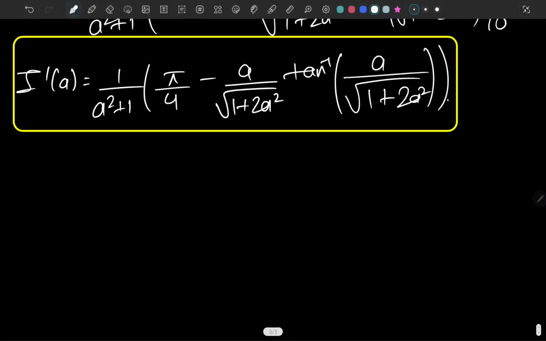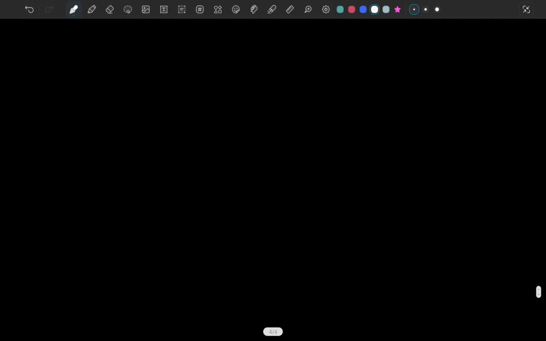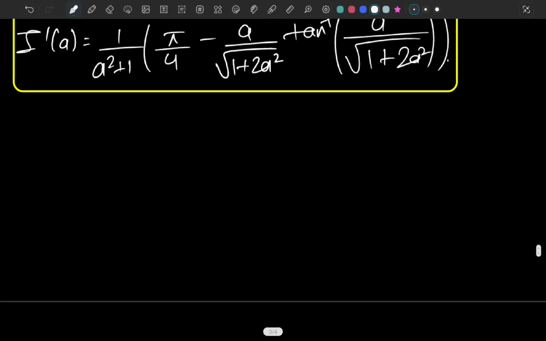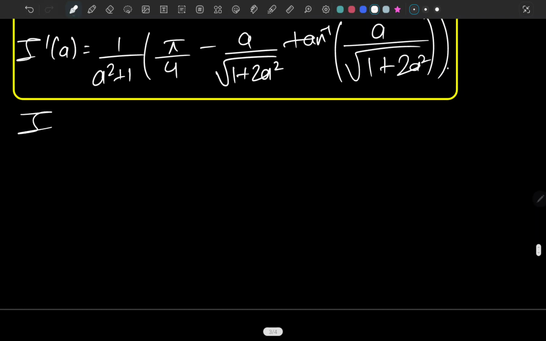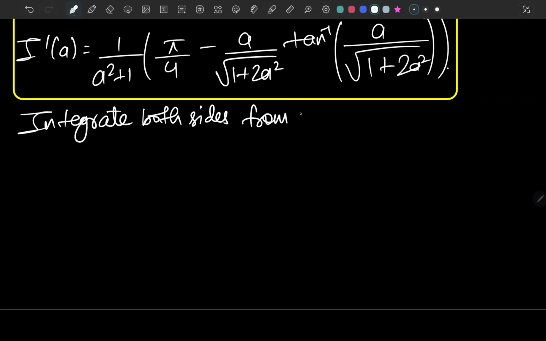And now our next step is to get I of a in order to get our integral. So integrating now, integrate both sides from 1 to infinity with respect to a only.